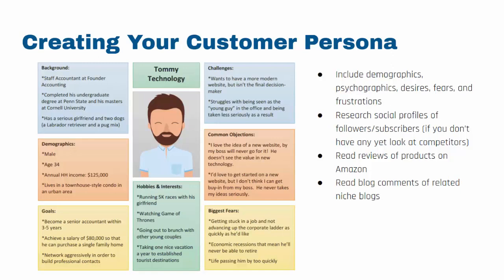The shorter blog comments are usually like, oh, Gary, I love this blog post. But the long ones are where they say, I didn't like this blog post because of this, and because of that, and I've been struggling with this. When somebody writes a long comment, they're draining their heart onto the page. Those are the ones I like to read for my customer persona research.